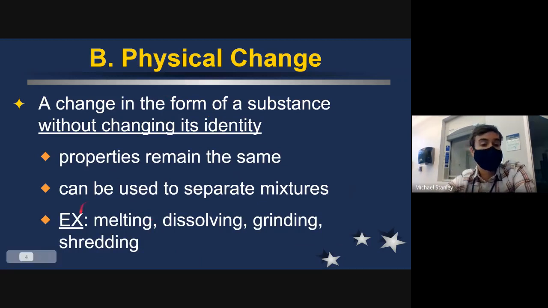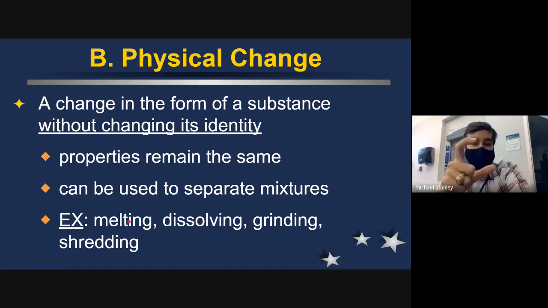So melting something is a great example of a physical change, right? If you take that ice cube and you put it out on your counter and you walk away, you come back an hour later and now there's a puddle of water on your counter. The water is still the same chemical as it was before, right? Before you had ice, which is just solid water, and now you have liquid water sitting on your counter.